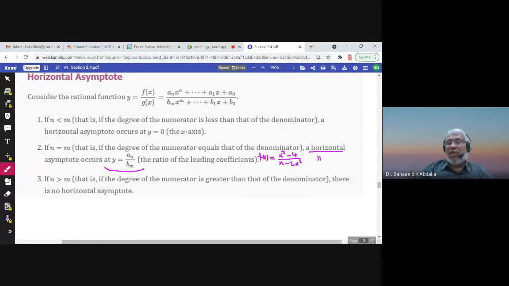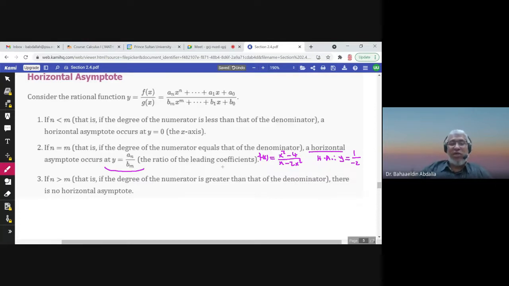So the horizontal asymptote of this function would be y equals what? The highest power is x squared in the numerator, and the highest power in the denominator is also x squared. So what is the coefficient of x squared in the numerator? 1. What is the coefficient of x squared in the denominator? It's -2. So the line y equals -1/2 is a horizontal asymptote of this function.